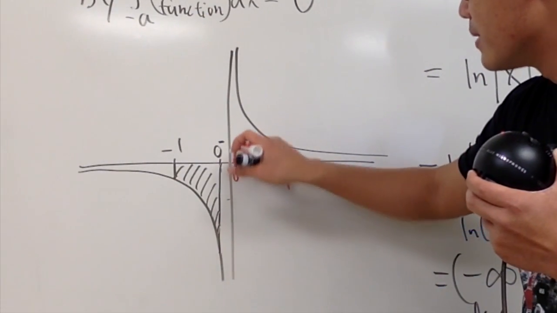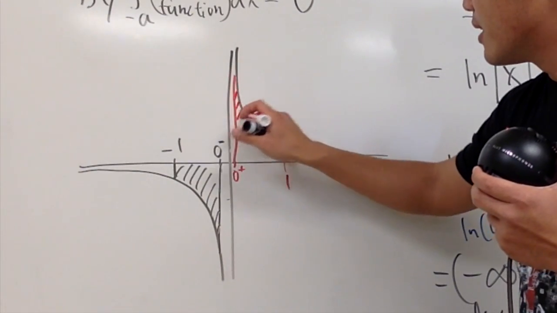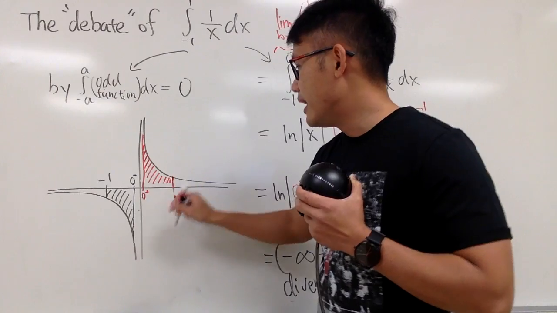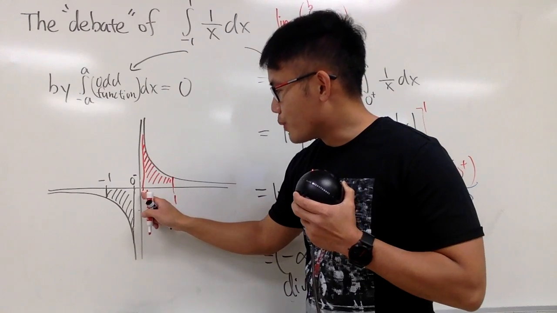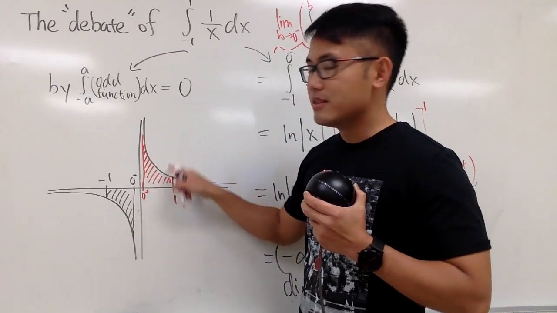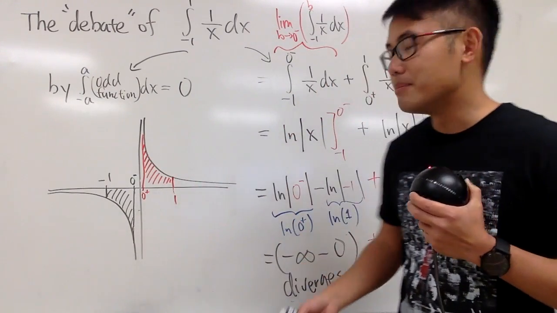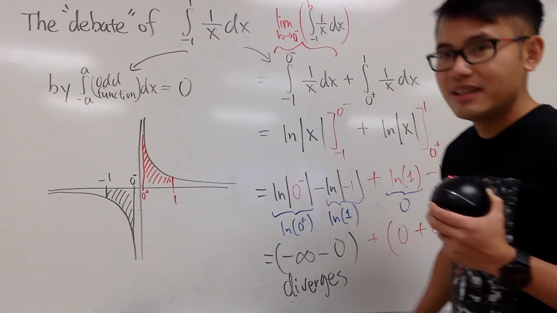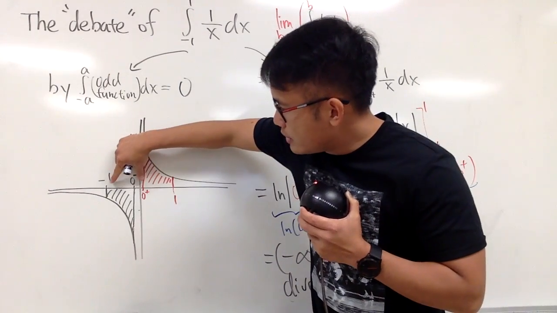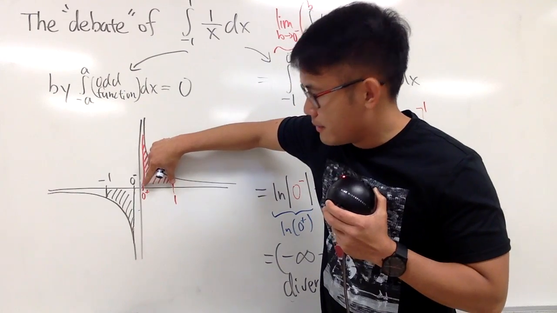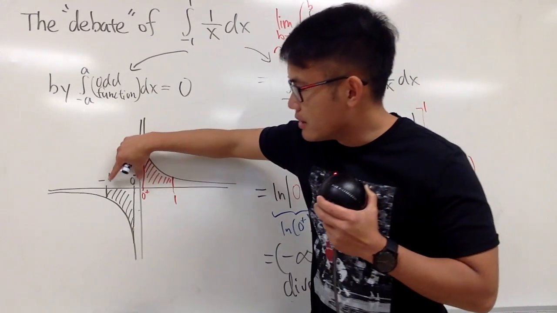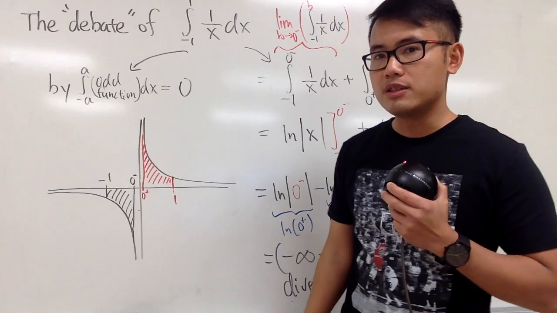And we are talking about this area here. And as this number goes toward 0 from the right hand side, this is also going to give you infinity, but it's going to be a positive infinity. Notice that I put down this 1, the same distance, right? Because of course they are both distance 1 away from 0.